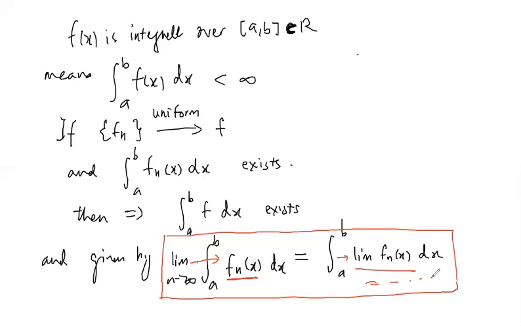This will generally give you answers that are either right or wrong, depending on whether your f_n is uniformly convergent. If it is uniformly convergent, this operation will definitely be okay. If it is not uniformly convergent, then this operation is illegal. But sometimes if you are lucky, you will get the correct answer even though you use an illegal operation. But that's just being lucky. So I give you some examples there.